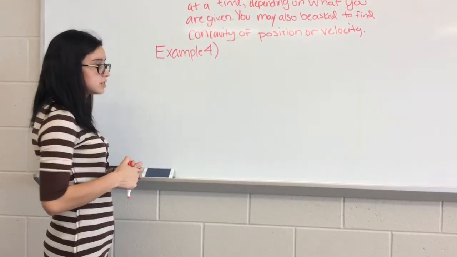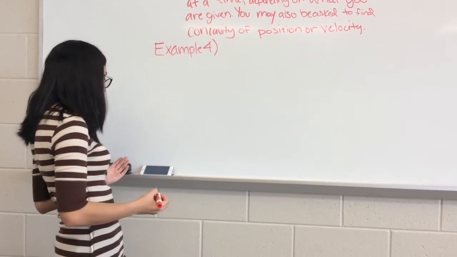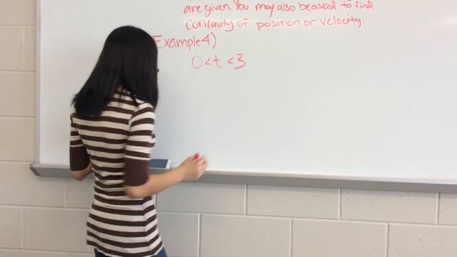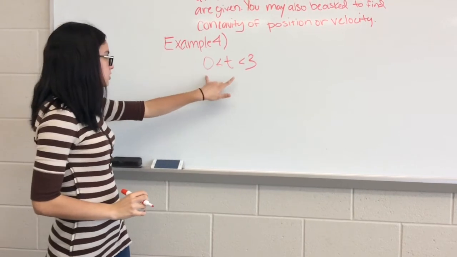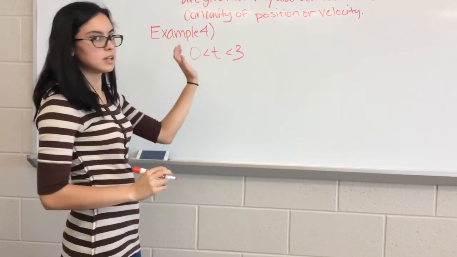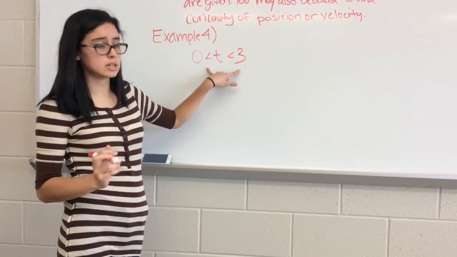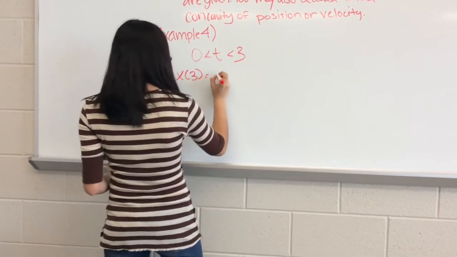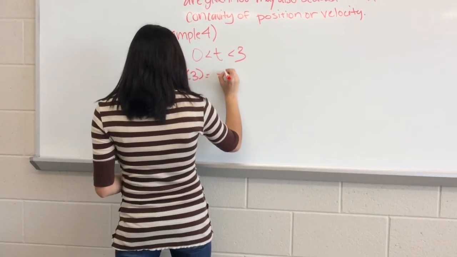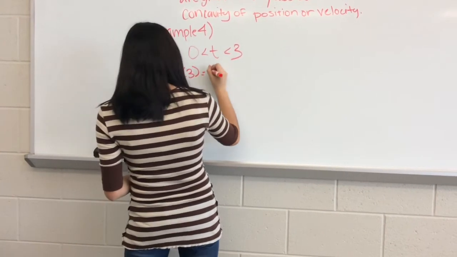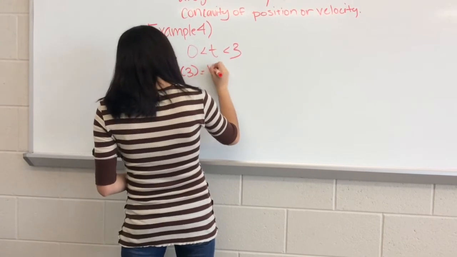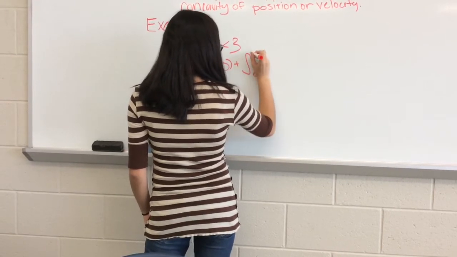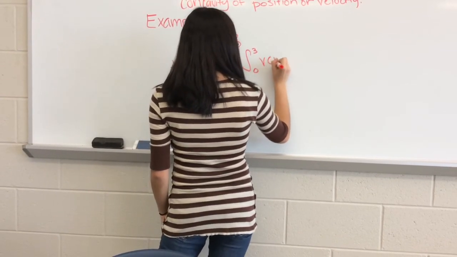Okay, so by looking at the equation v of t, we find out that v of t is less than 0 on the interval 0 to 3. And so we're going to consider the points 0 and 3. So we're going to find both values at 0 and 3 using net change. So we set it up as x of 3 equals the x of 0 plus the integral from 0 to 3 of velocity.